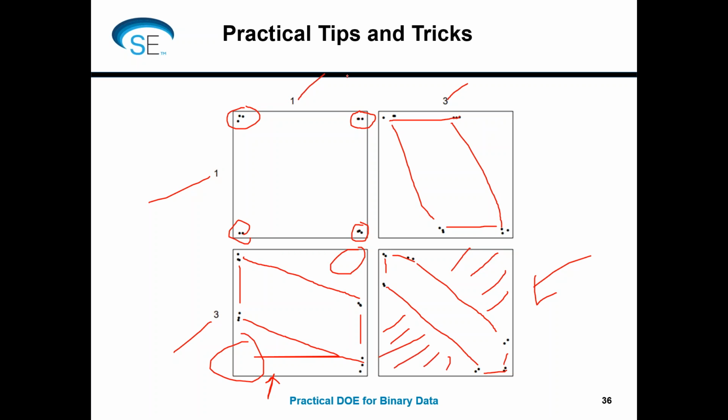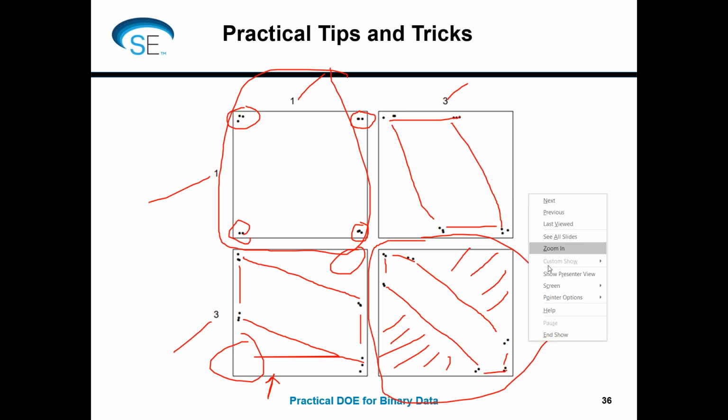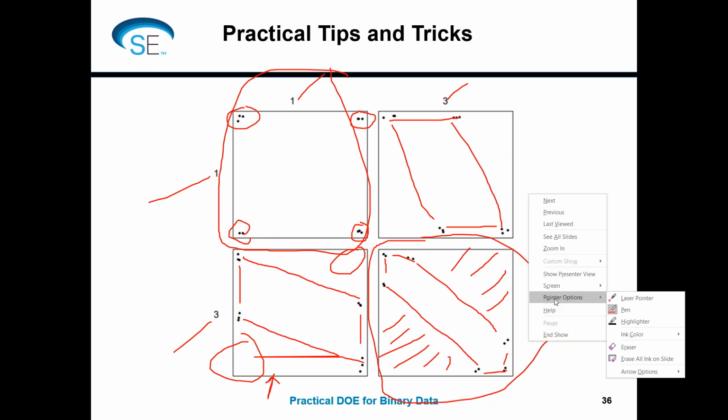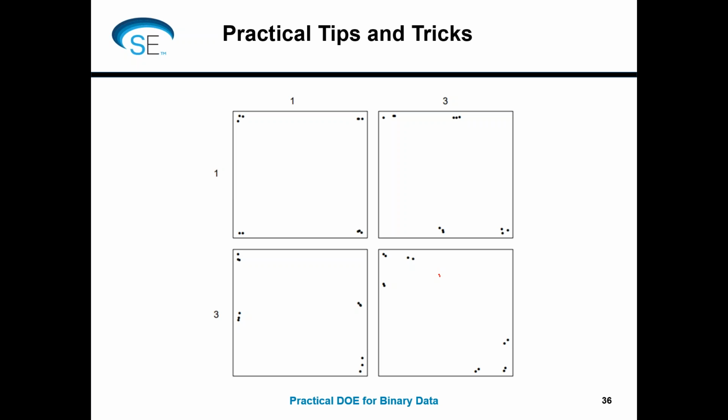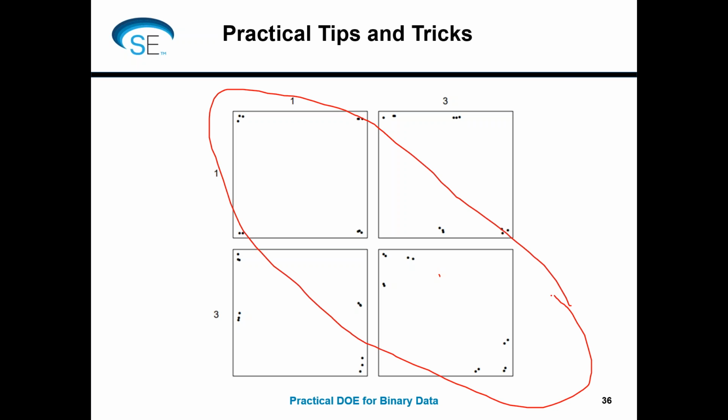Notice how this design here at the top left and this design here at the bottom right are both very, very different. Let me go ahead and clear this up. These are both very different designs. So it could make a big difference.